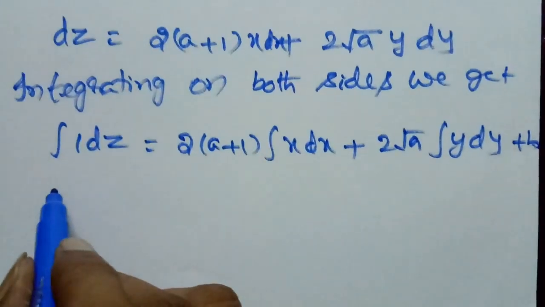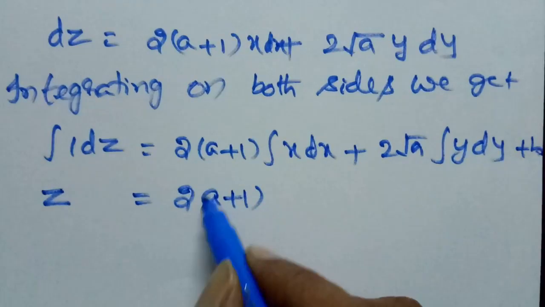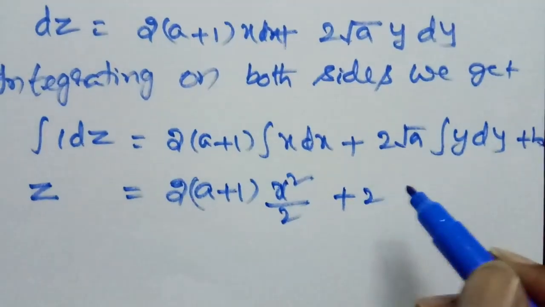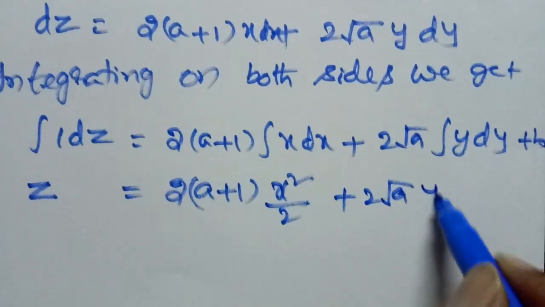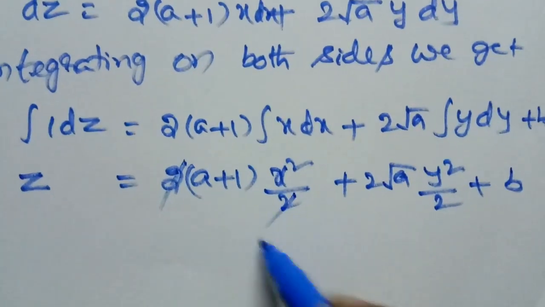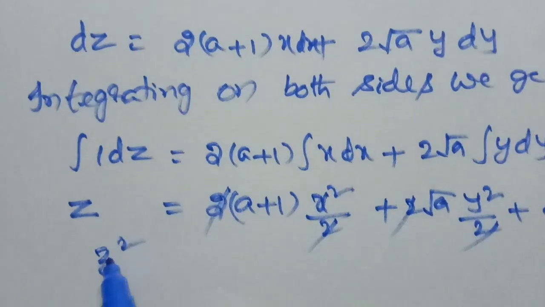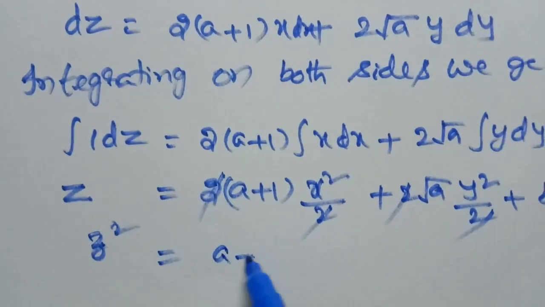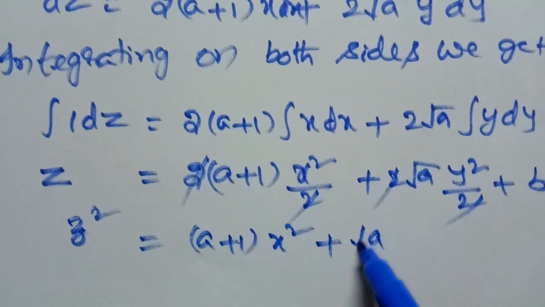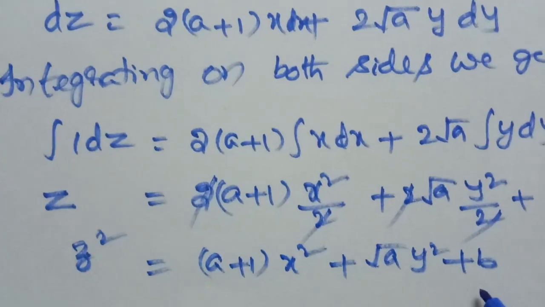Therefore, integration of 1 is Z, 2 into a plus 1, integration of x is x square by 2, plus 2 into root a, integration of y is y square by 2, plus constant of integration. 2 cancels. Therefore, capital Z is equal to small z square, so z square equals a plus 1 into x square plus root a into y square plus b.